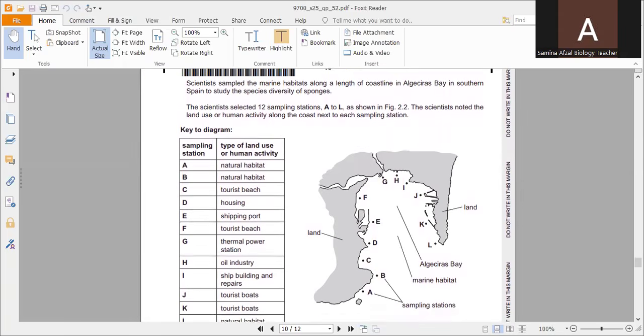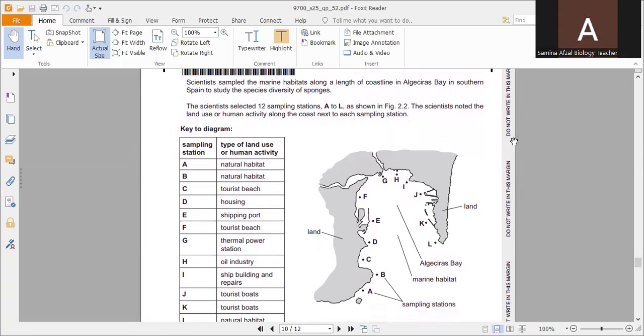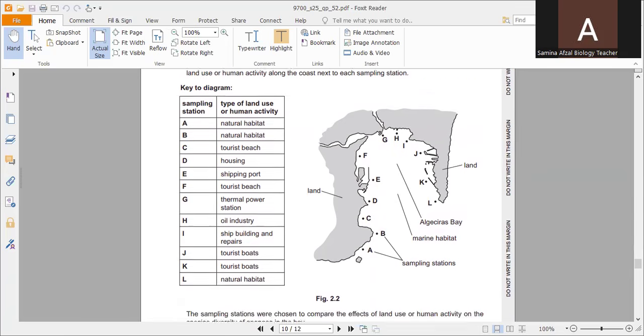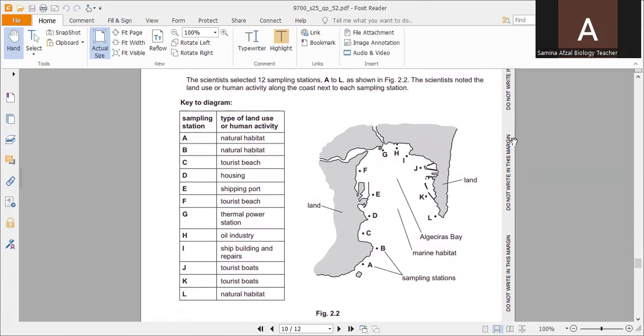So scientists sampled the marine habitats along the length of coastline in Algeciras Bay in southern Spain to study the species diversity of sponges. The scientists selected 12 sampling stations A to L as shown in figure 2.2. So the scientists noted the land use or human activity along the coast next to each sampling station.